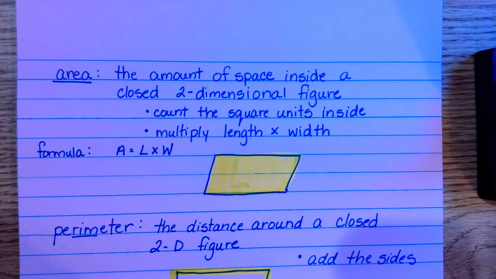It could be 2 times the length plus 2 times the width. So those are some different ways that you can look at it.